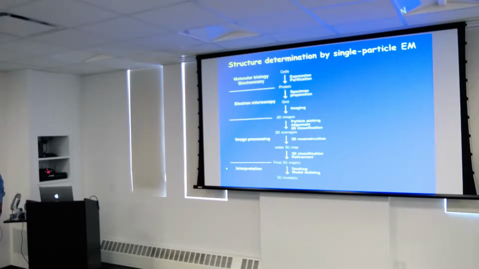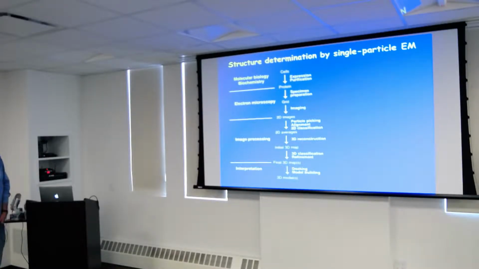I'm not going to talk about this much, but the point is, which people don't seem to understand, if your protein is crap, you can do whatever you want. You can take the best images, you can do the most fancy image processing, you still end up with crap in the end. So this is really much more important these days than it used to be.